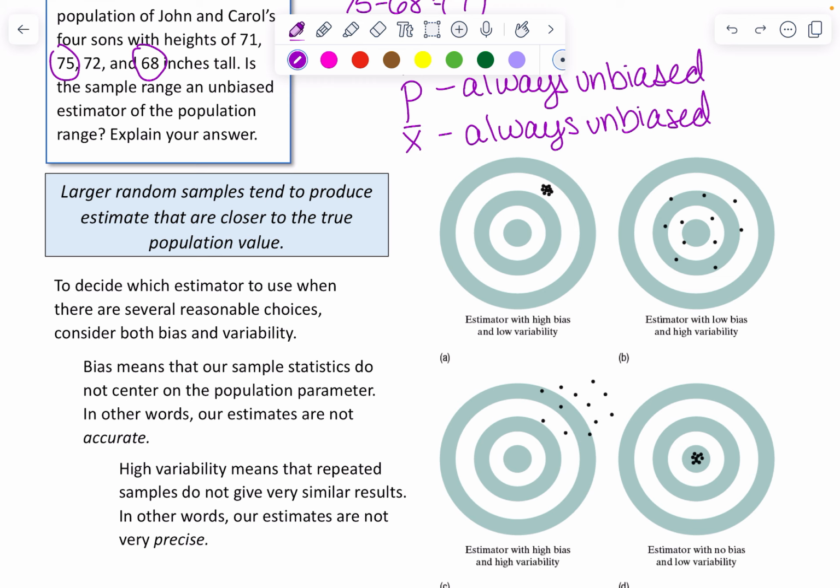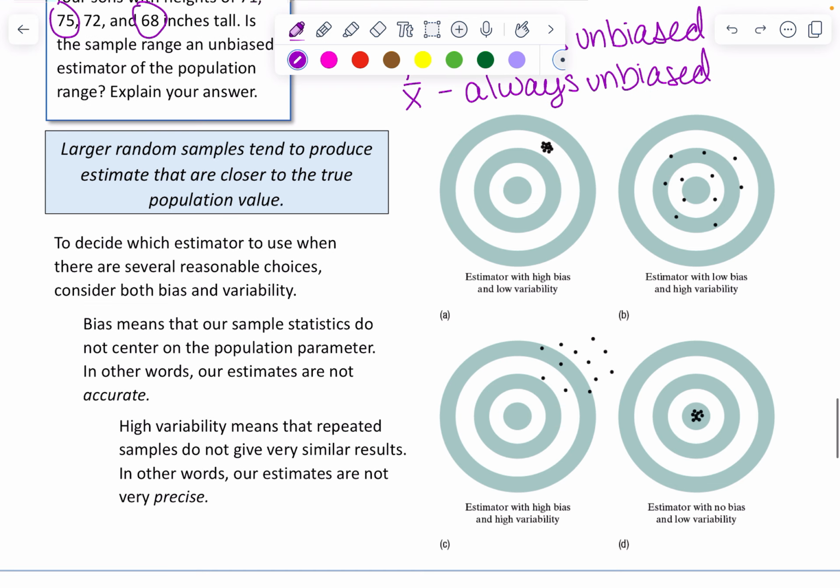And a few more things. Larger samples tend to produce estimates that are closer to the population value. Like if I had samples of size 3 for those kids, my x bars, my sample means, would be even closer to the true mean. What's the whole point of that? See how this bullseye, this target, everything's really close to each other.